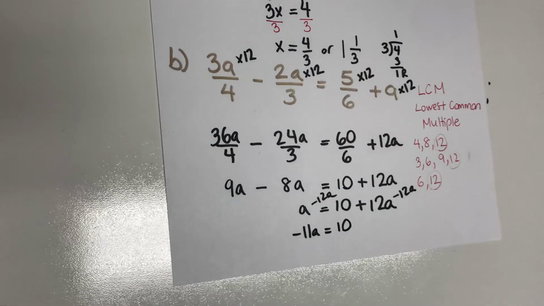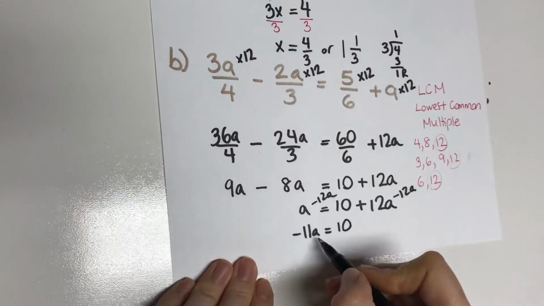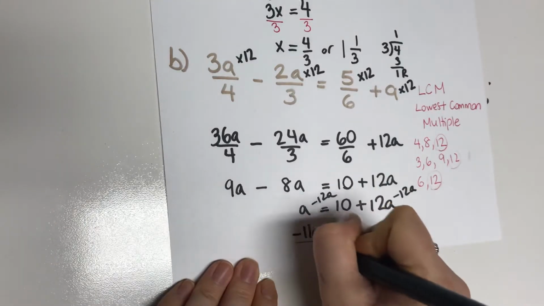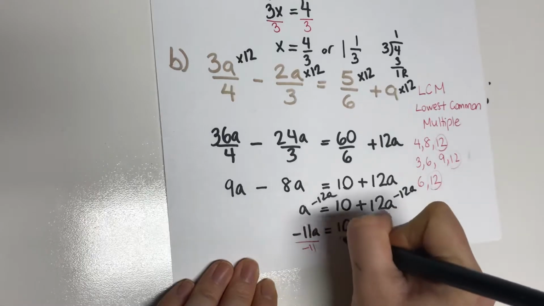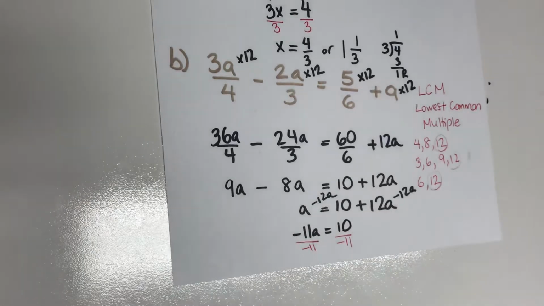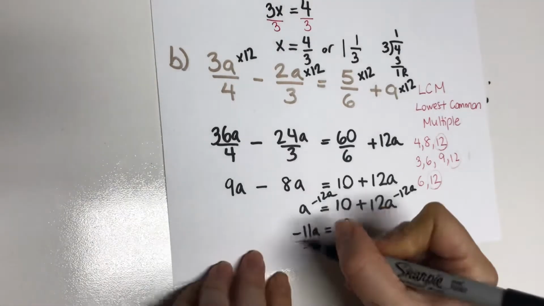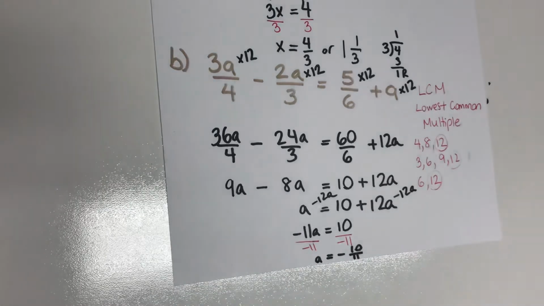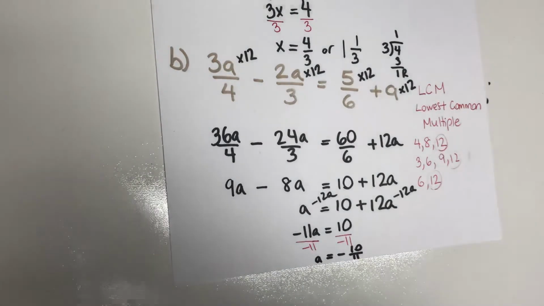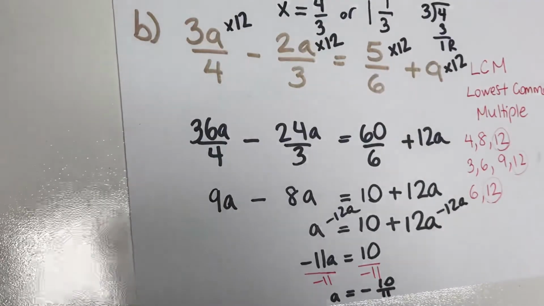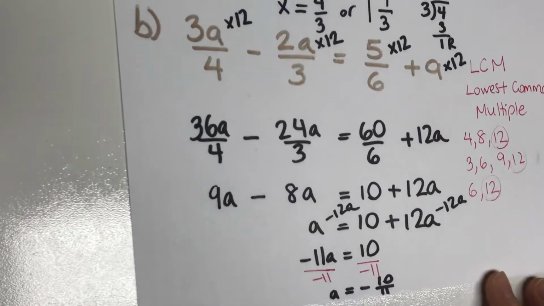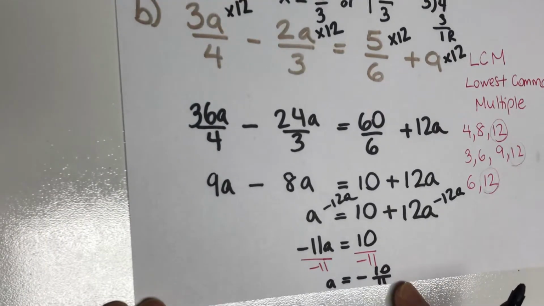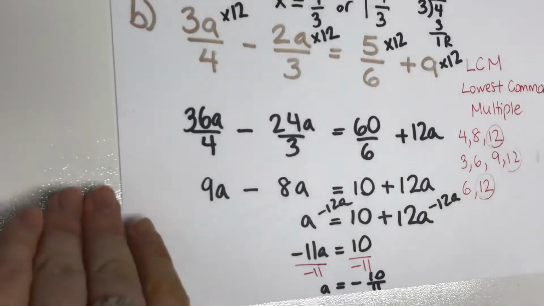Now, to get the a by itself, it's being multiplied by negative 11, so I'm going to do the opposite, which is divide by negative 11. And my final answer is that a is equal to negative 10 over 11. And notice how I put the negative sign at the beginning of the whole fraction, not in the denominator. That's proper math form.